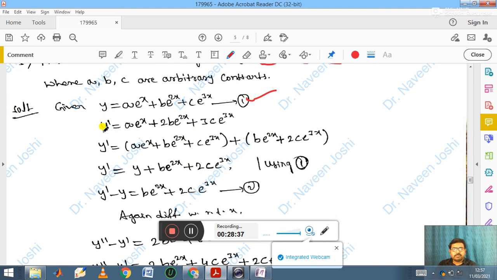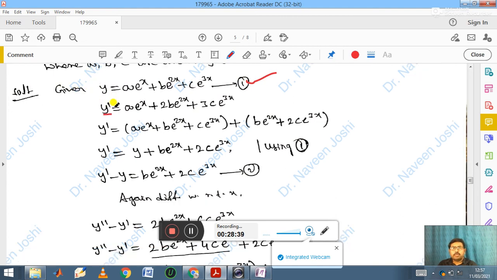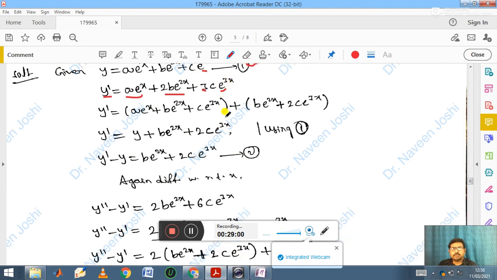So y differentiation becomes y dash, then a e power x differentiation is a e power x itself, then b e power 2x differentiation gives 2 into b e power 2x, e power 3x differentiation gives 3 into c e power 3x. Then you can write this expression as a into e power x, and 2b into e power 2x, you split this term as b into e power 2x and b into e power 2x.